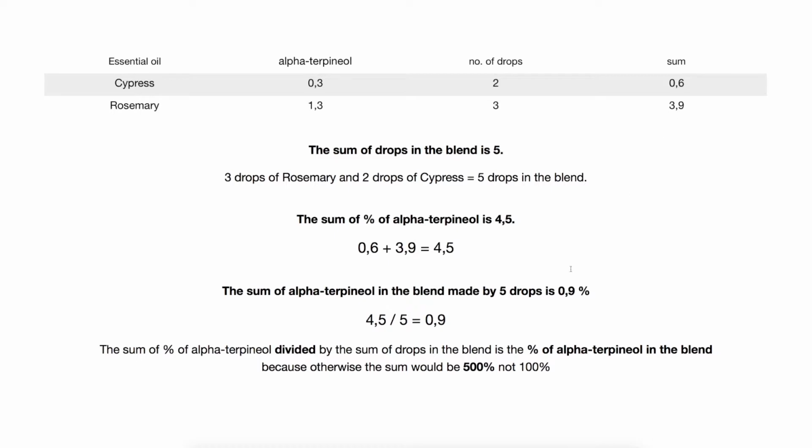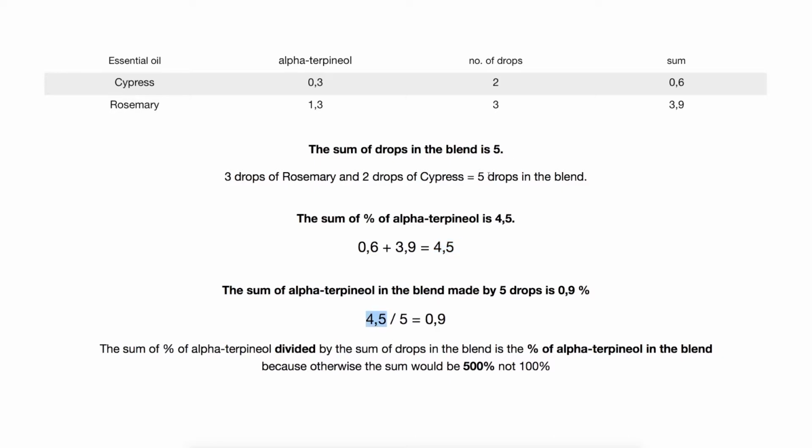So what we want to do is to divide this sum that we got by 5 so that we would get 100%, not 500%, if you follow. So you would have the sum of the alpha terpineol in the blend, which we found out is 4.5. That's this one.